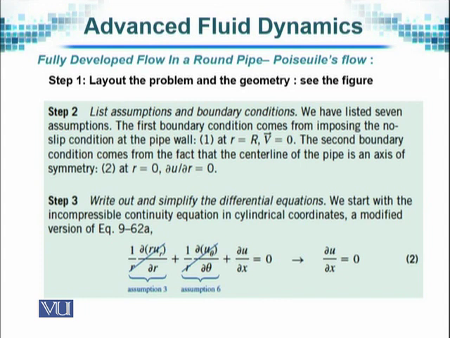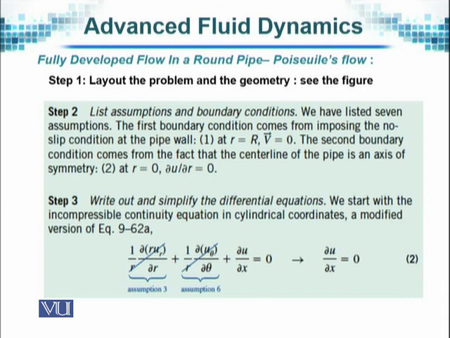Then we normally go to drawing the geometry of the problem, which we have already done, and then we go for the assumptions and try to determine what boundary conditions are generated by them. We see that when the radius is equal to R, where capital R is the radius of the pipe under consideration, while small r is a variable that moves from 0 to capital R, the velocity u is equal to 0.